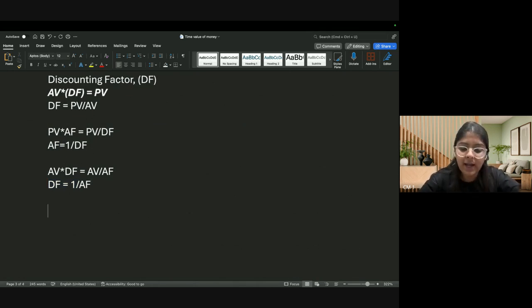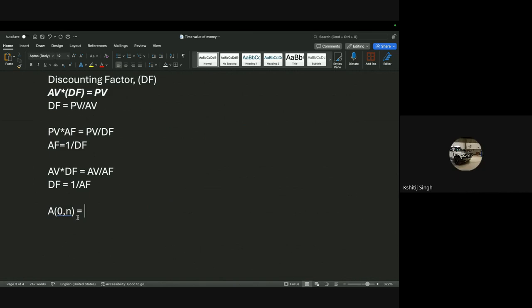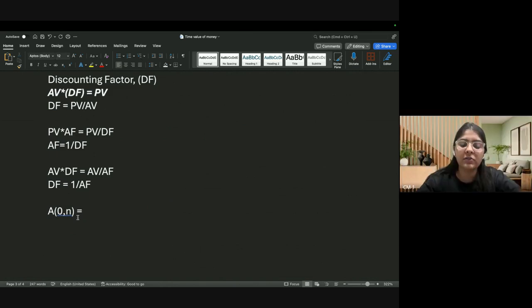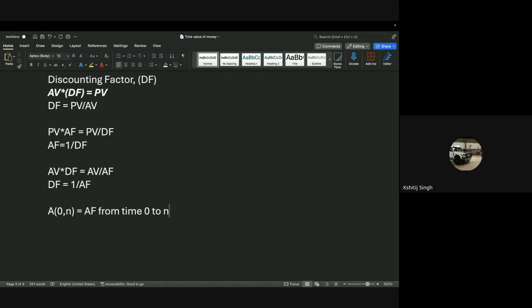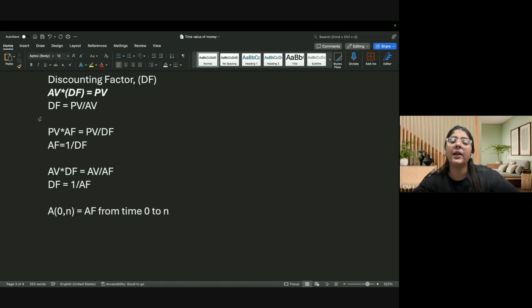Now, if I am saying that A0 to N, what does this mean? This notation means A is the accumulation factor, and this is from 0 to N. So in words, what will this mean, this notation? 0 to n period of time. So this will be accumulation factor from time 0 to N. So it is very important. See, in actuaries now, what you are studying is easy.